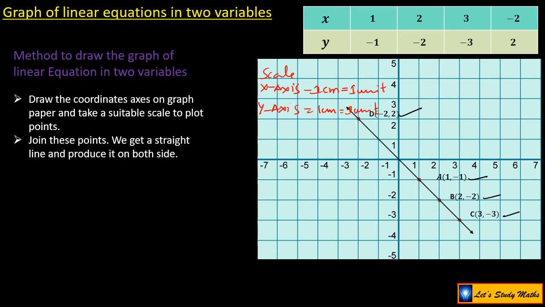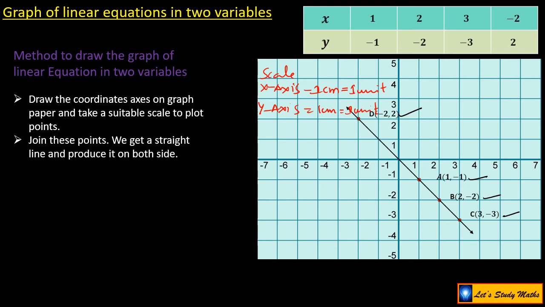When you join, we'll get a straight line here, and we produce it on both sides. A line has no end, so you can produce it indefinitely.